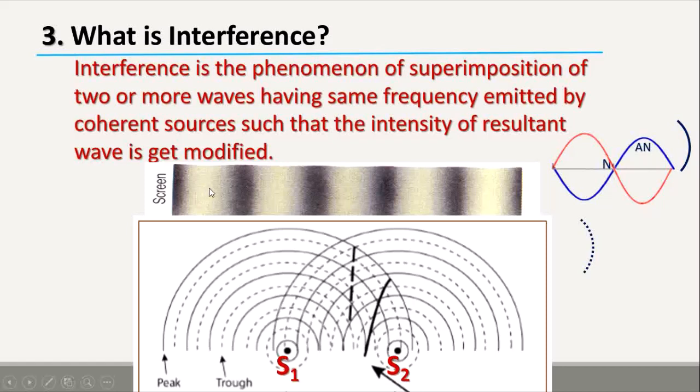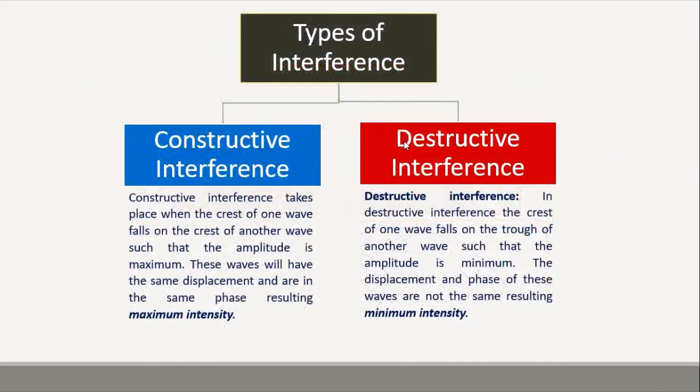In this way the alternate dark and bright bands indicate that the light is redistributed. This redistribution of light, this modification in the light, is because of the superposition of two waves from coherent sources, and this phenomenon is called interference. Now we go to the types of interference.